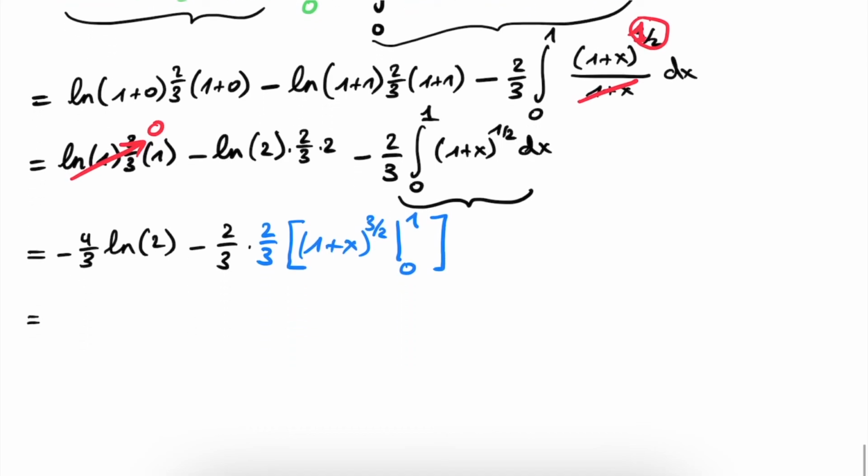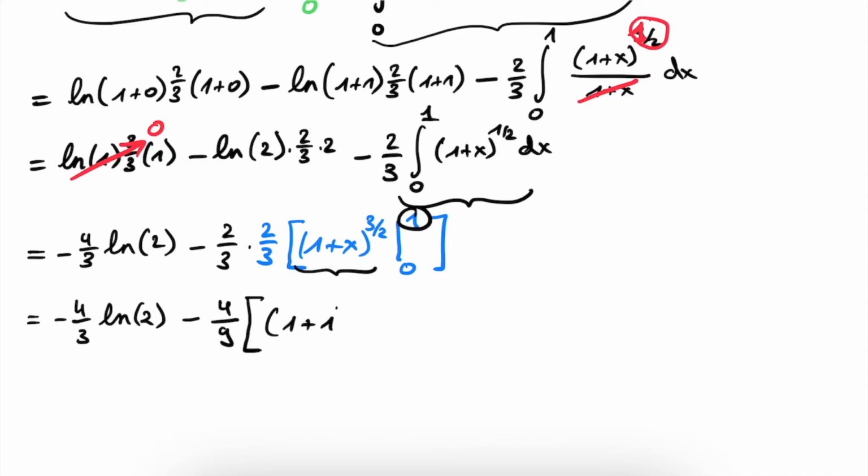Rewriting this, we get minus 4 divided by 3 times the ln of 2, which just stays the same, minus, multiplying these two fractions, we get 4 divided by 9, times filling in this function in our upper boundary, we get (1 plus 1) to the power 3 halves, minus this function filled in our lower boundary, (1 plus 0) to the power of 3 halves.